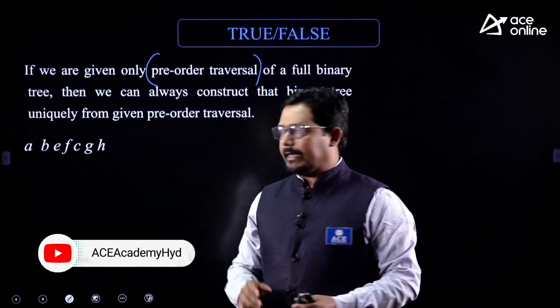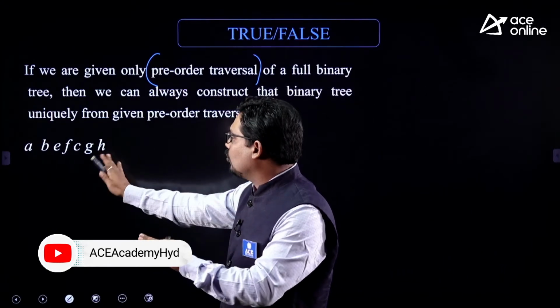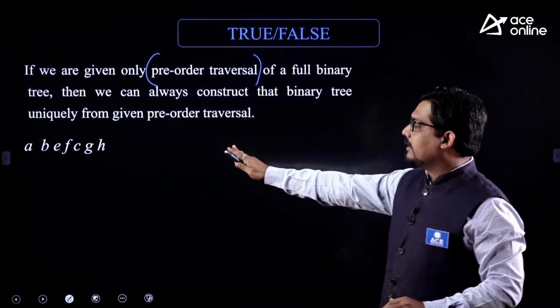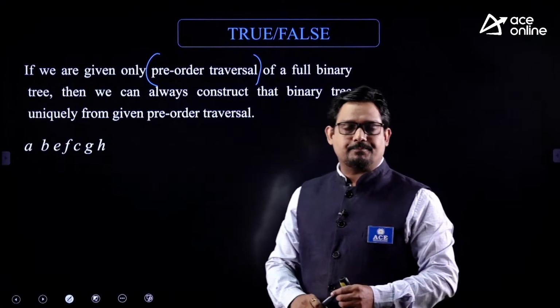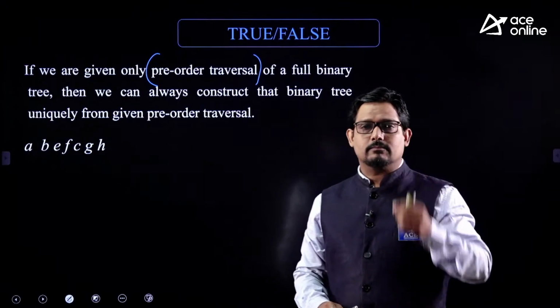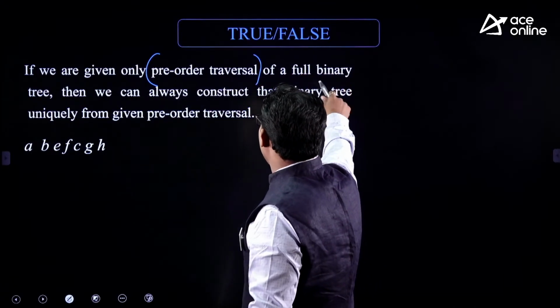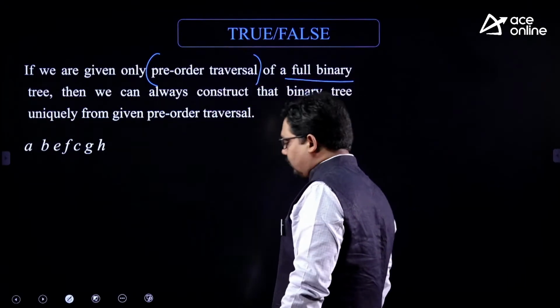Root, left, and right. So I don't know who is on the left or who is on the right. I have no idea. Correct? Only the pre-order traversal of a full binary tree is given.